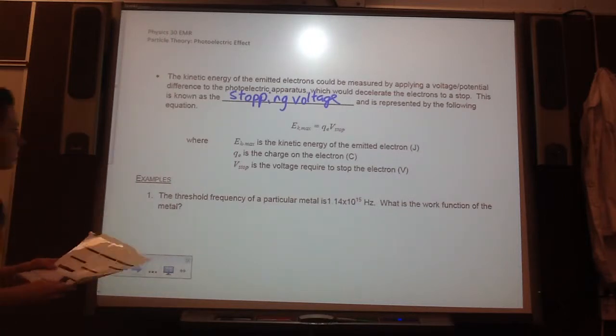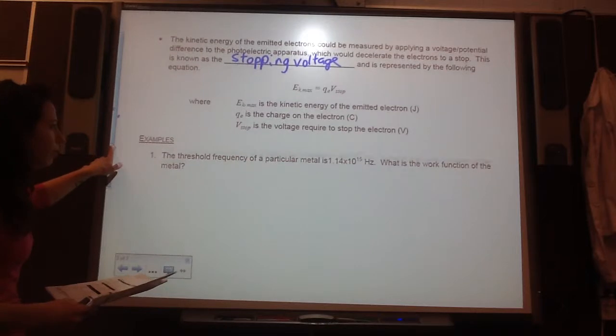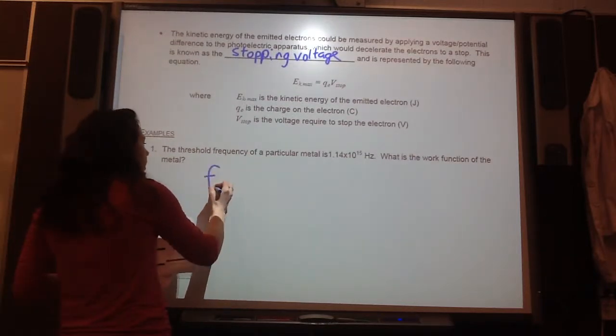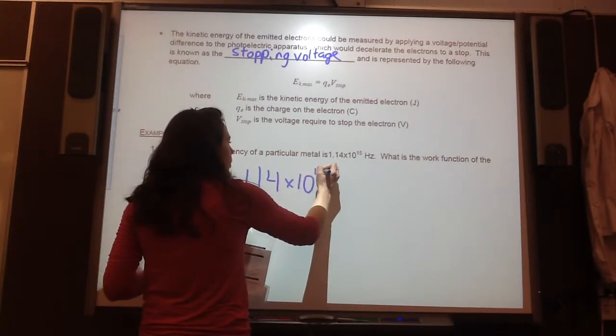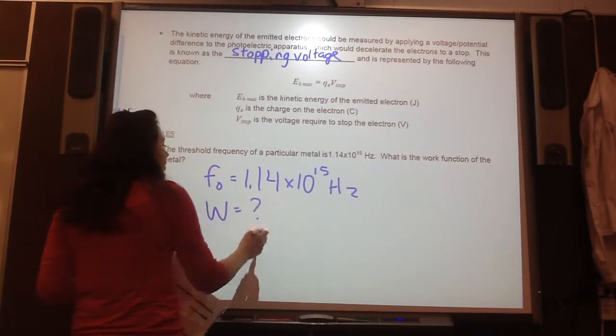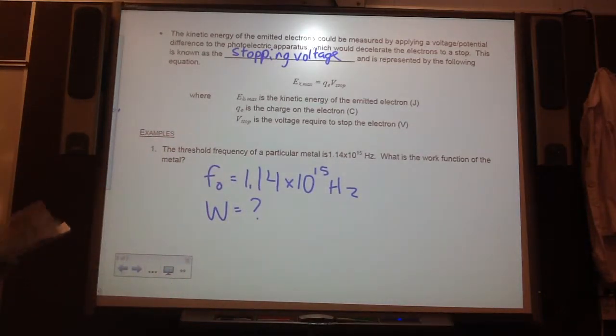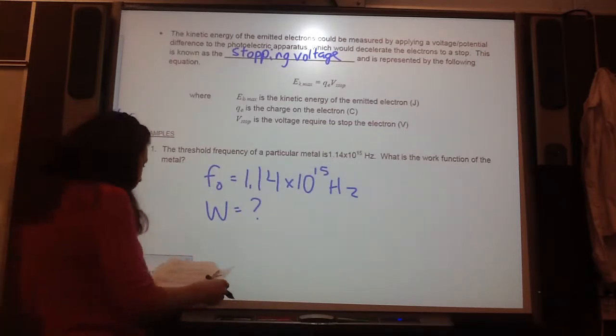So for this first example, the threshold frequency is 1.14. So our FO is equal to 1.14 times 10 to the 15 hertz. What is the work function of the metal? It's saying if that's the threshold frequency of that metal, how much work would need to be done in order to eject an electron from that metal?